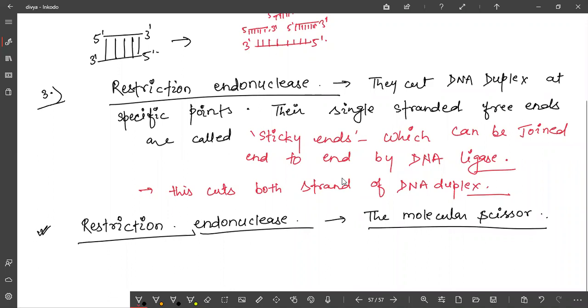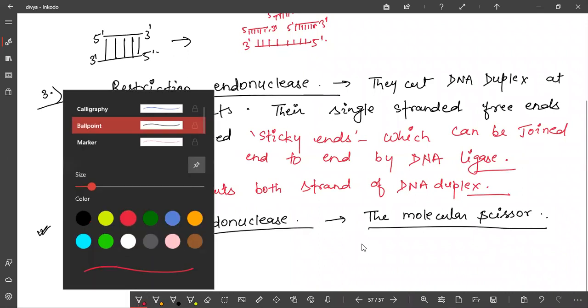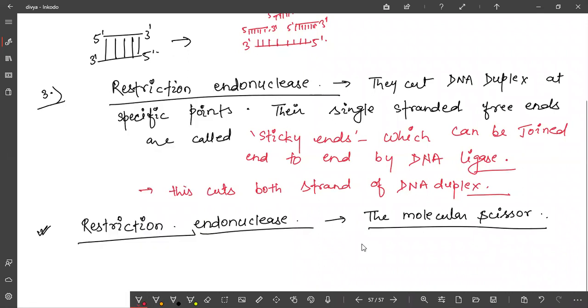Okay. So molecular scissor, it is also called biological scissor. Biological scissor. Okay.